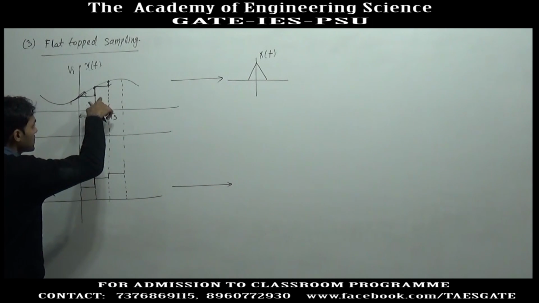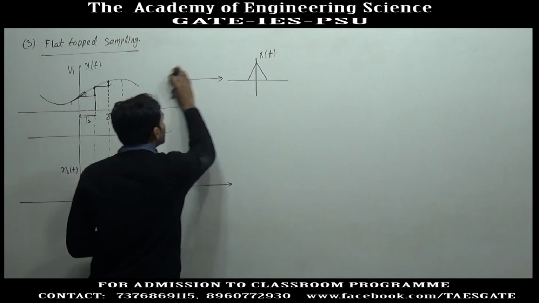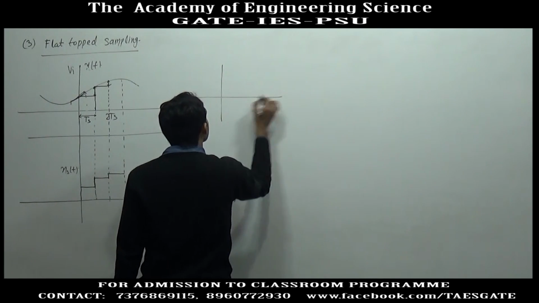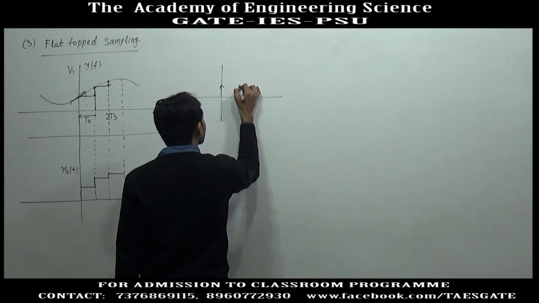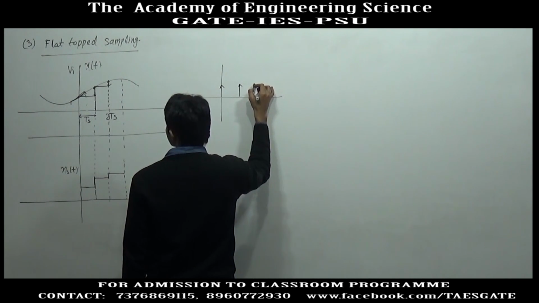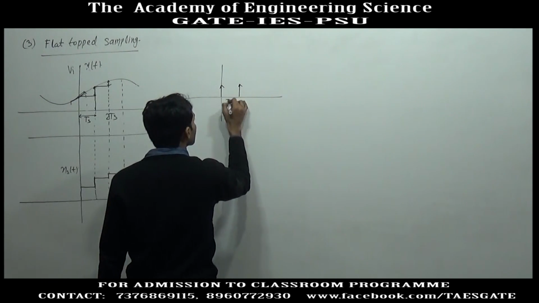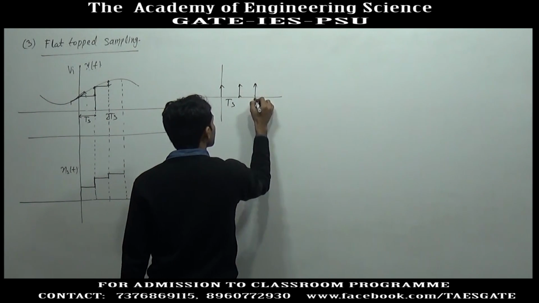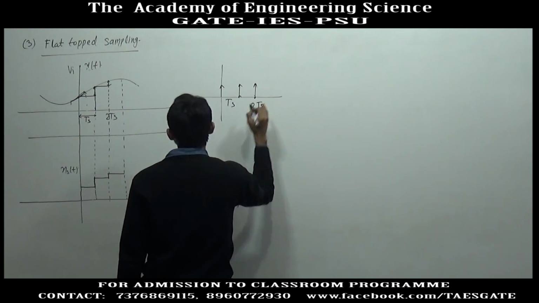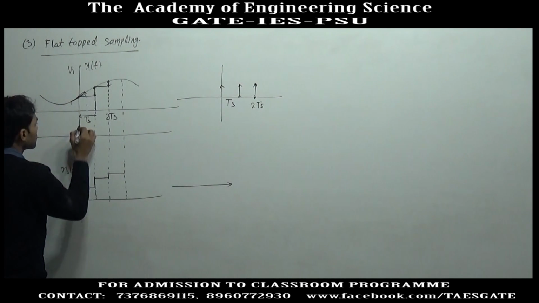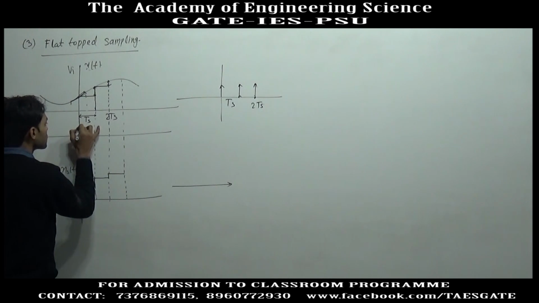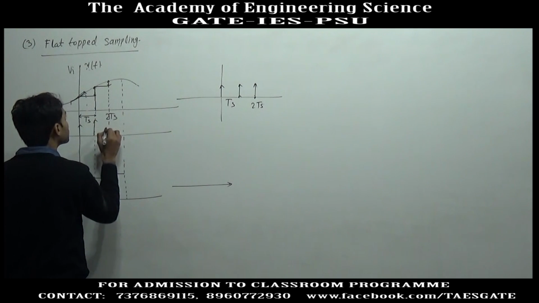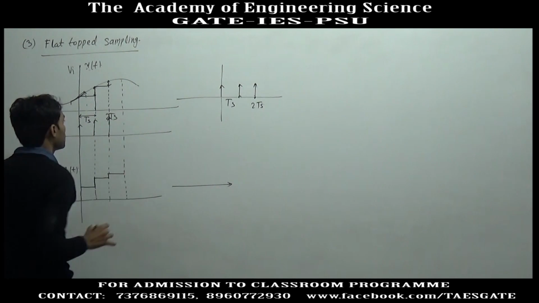If we multiply this signal with an ideal impulse train with sampling interval Ts, this is Ts, this is 2Ts, we will get impulses of varying strength, as we got in ideal sampling.